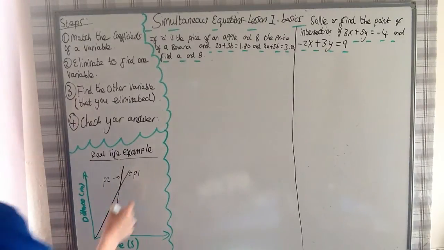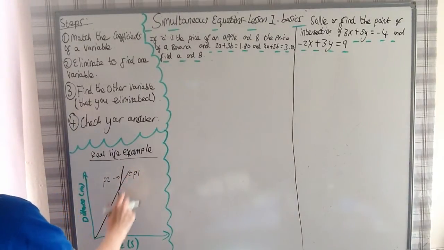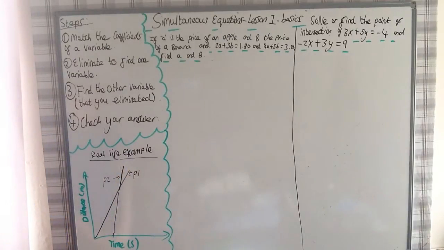This is person 1, this line here, and this line represents person 2. One person starts at the origin when the time is 0. Someone starts straight away and runs. But person 2 is faster than person 1, and they start maybe after 5 seconds. So how long would it take for them to catch the other person up if they're faster?